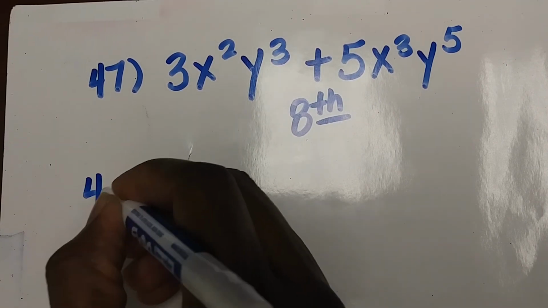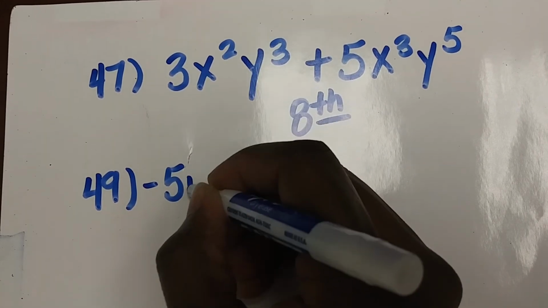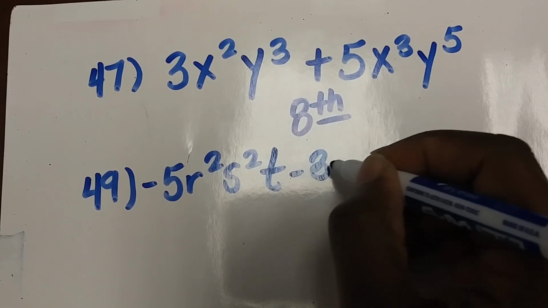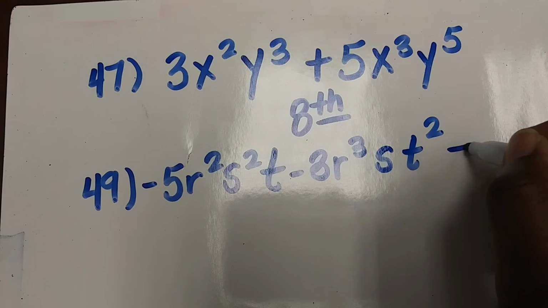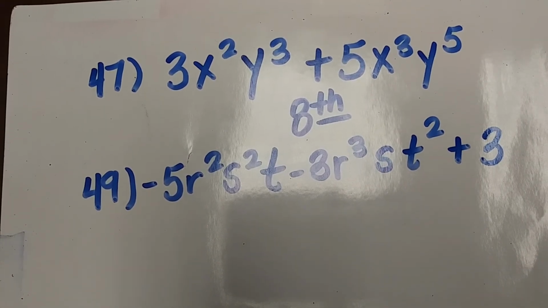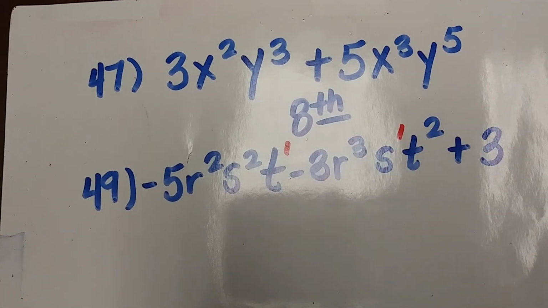Number 49, negative 5 r squared s squared t minus 3 r to the 3rd s t squared plus 3. Right here you have to be very careful, because if you notice, the t is understood to be to the 1 power and the s is understood to be to the 1 power. So be very careful to make sure you count those as well.